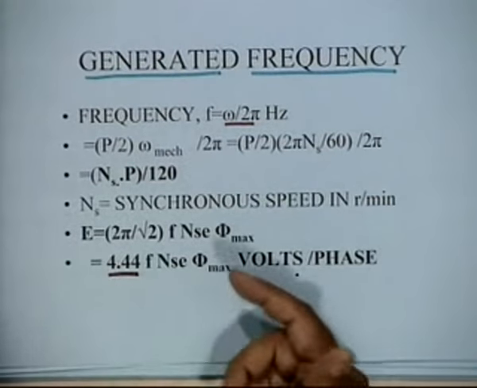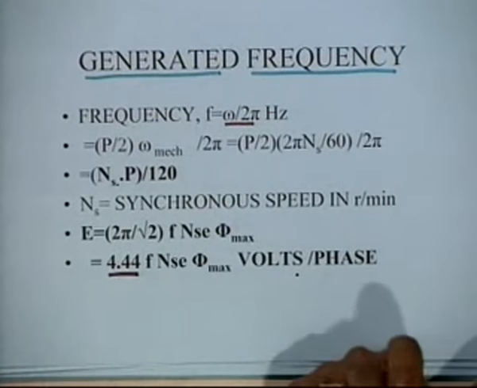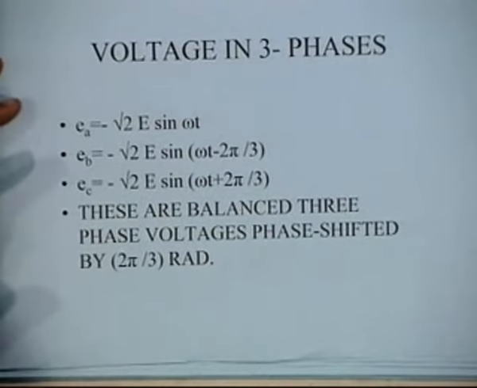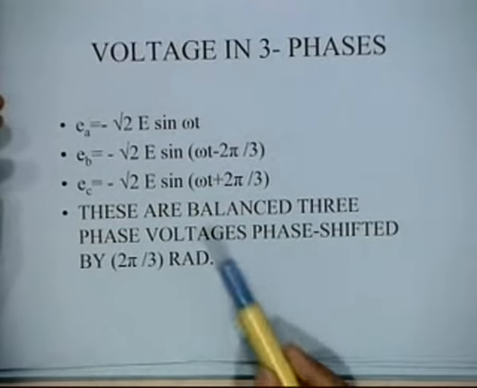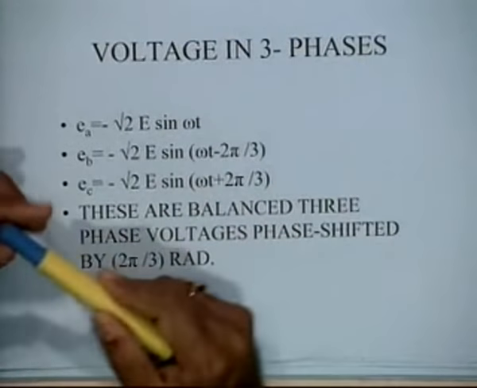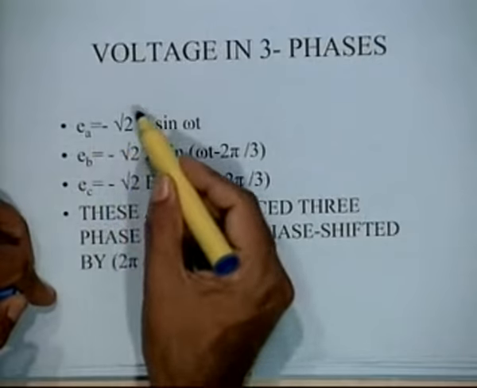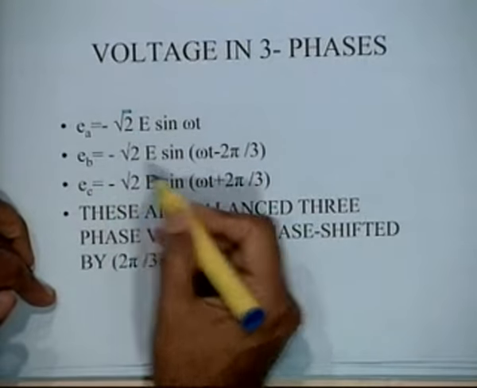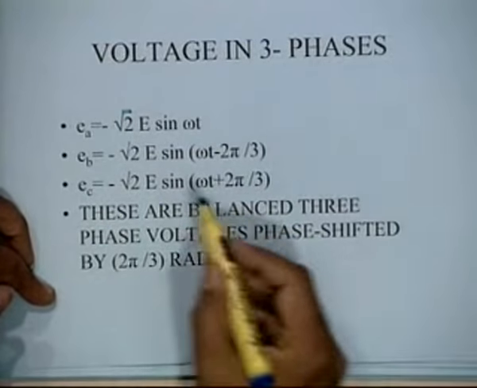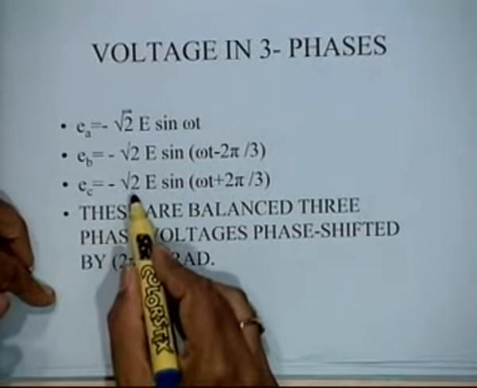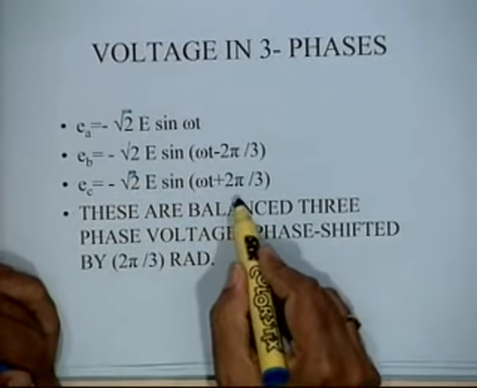This is for each phase, but for other phases also you expect the same frequency and same voltage, because it is a balanced 3-phase winding. Now, voltage in 3 phases: E_A will be root 2 E_RMS sin ωt. E_B will be, of course we have taken minus because we started with the minus, E_B is -root 2 E sin(ωt - 2π/3), and E_C is -root 2 E sin(ωt + 2π/3).